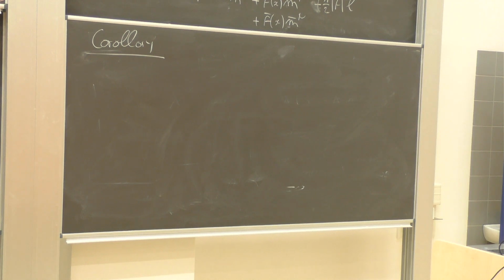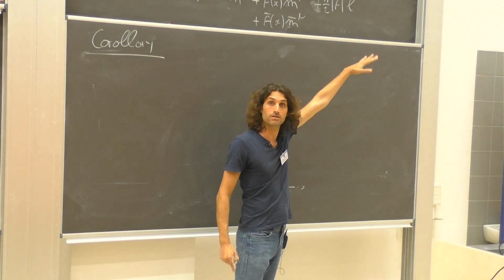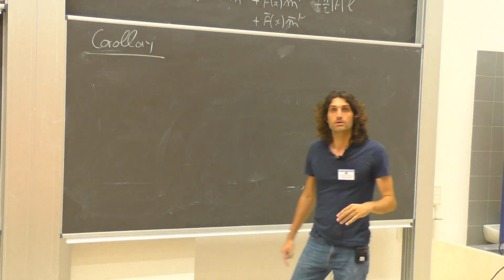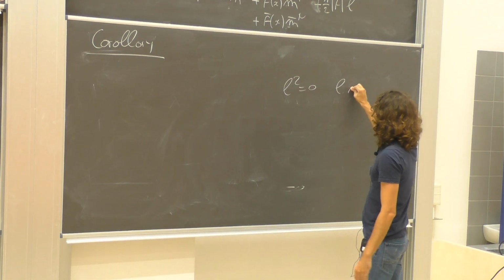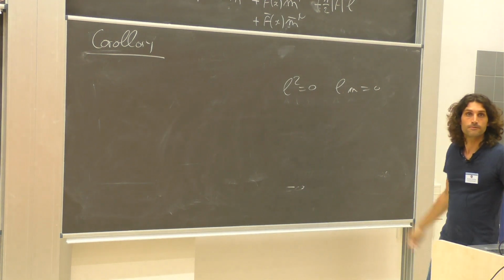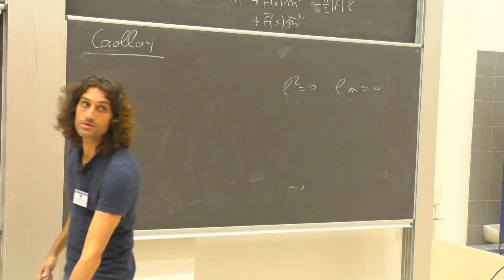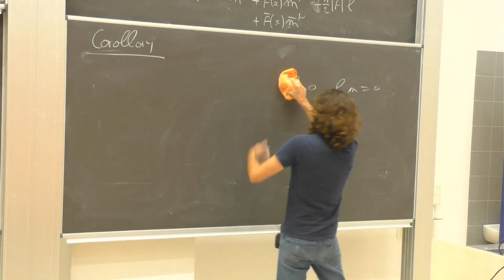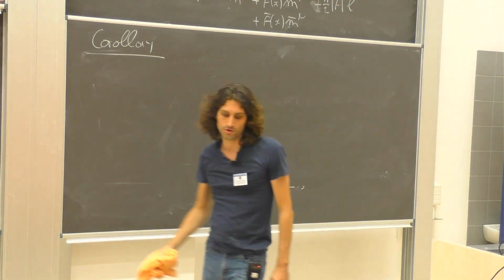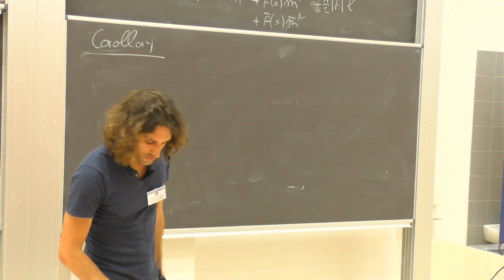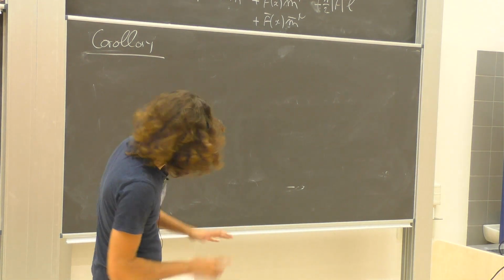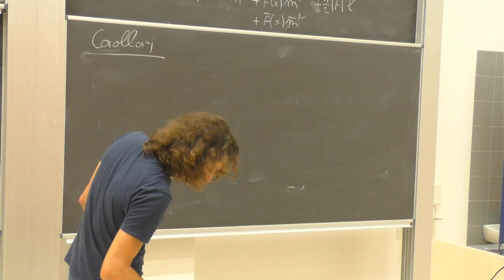But L is also normal to M. I didn't write it, but L dot M is also 0. So all these terms, when contracted with L, disappear. L squared equals 0, but also L dot M equals 0. This is what makes this result work, the funny property of a null frame. It's a different type of intuition. We are really working with null vectors, so it's slightly different from what you might be used to.